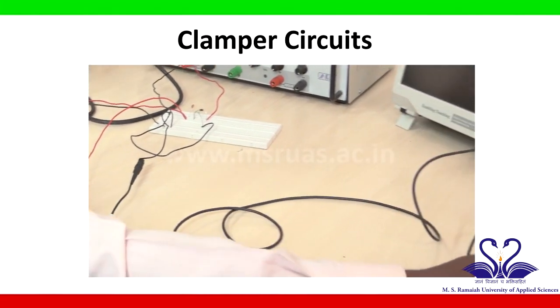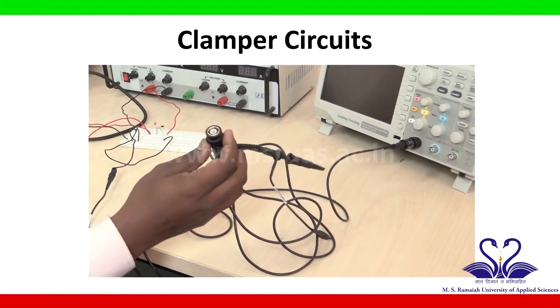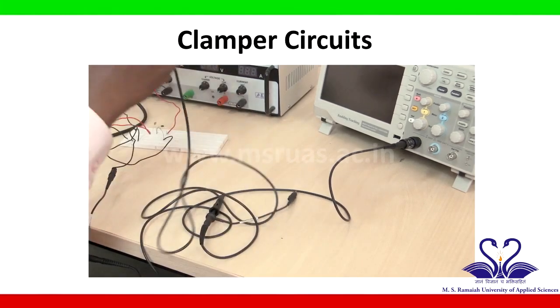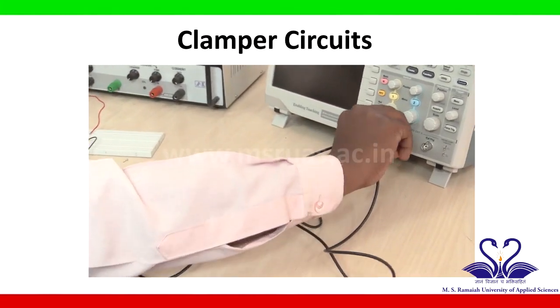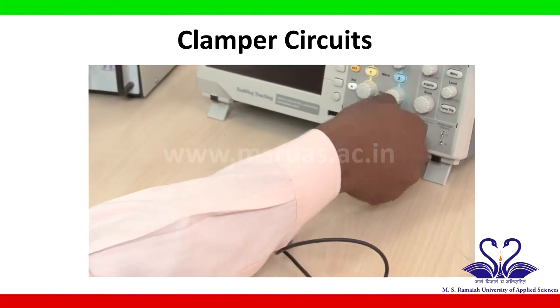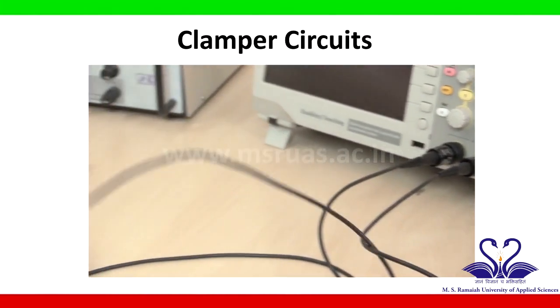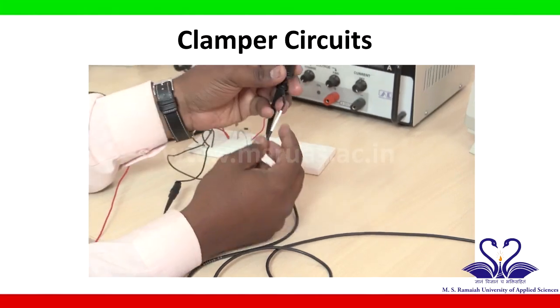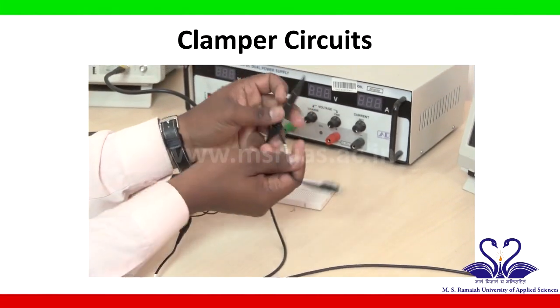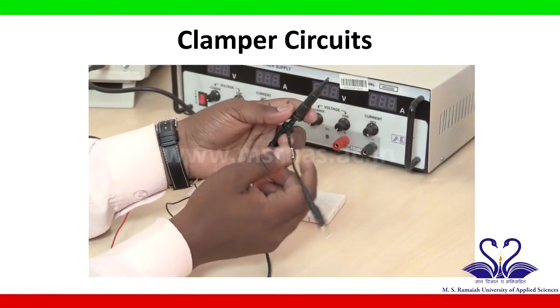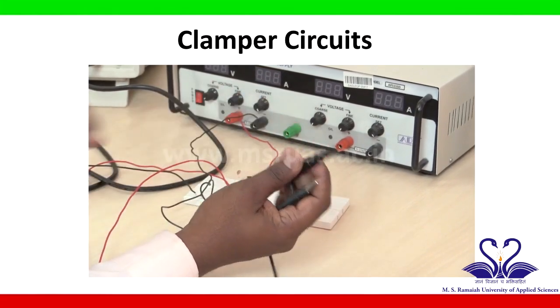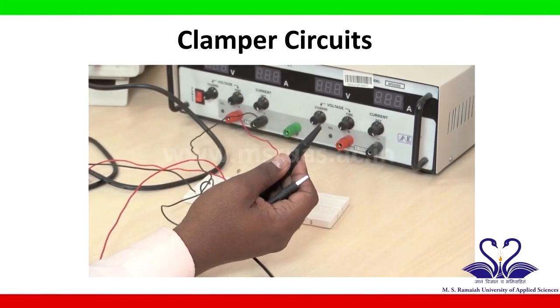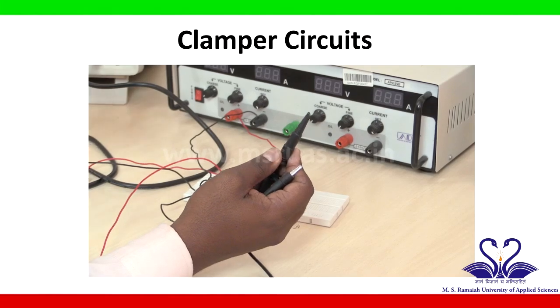Now we will take one more probe, the second probe, which is connected to channel 2. Again this probe has two terminals, one positive and one negative. According to the circuit diagram, the output is measured across the resistor.